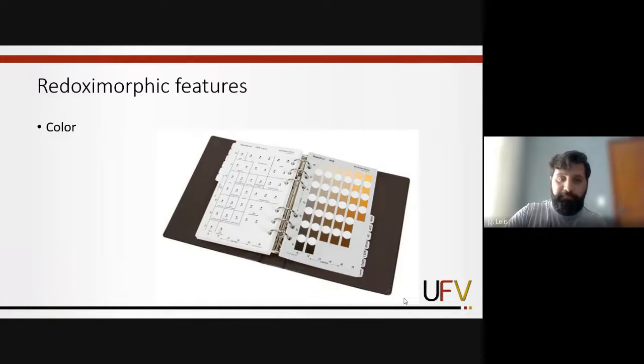We also should describe the color of the materials, the reductive morph features. So I also use the Munsell color chart or any other equipment to describe the color of these features.